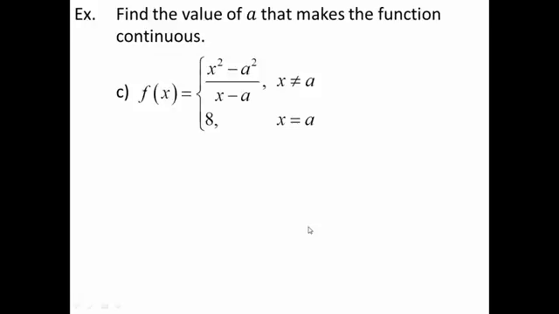This type of piecewise function describes a situation where, consider I have a graph, and it's continuous everywhere except at a particular point, at x equals a in this case. The graph is not defined there, but is defined at some separate point at a different location. Now, I'm not saying that the graph has to be below the point.